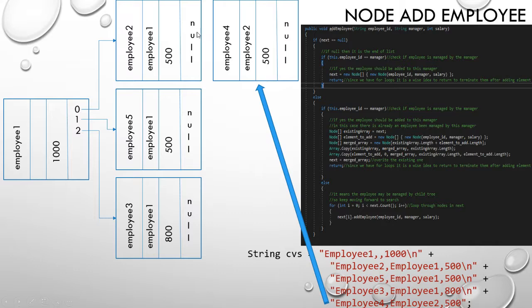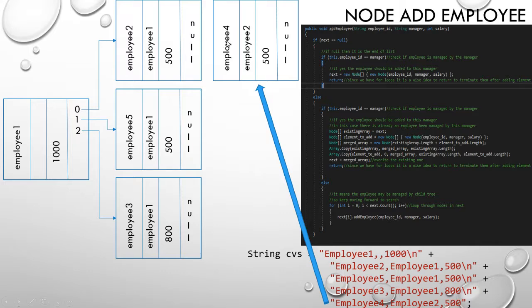Then check if next is null. Yes, it is null over here. So if it is null over there, check if this employee is managed by this. In this case, that is true.